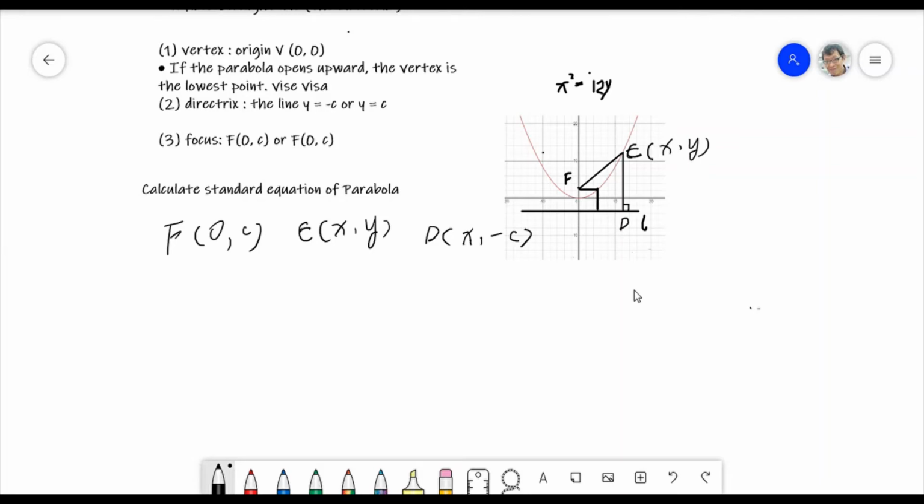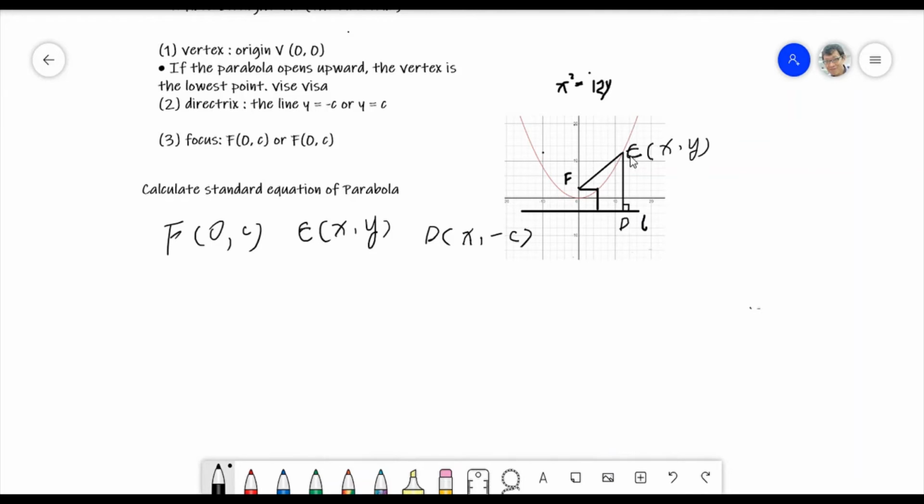Okay, since we already know the definition of a parabola, now let's calculate the standard equation of a parabola. So how will this equation look? We base it on the definition, so you can base it on this graph.